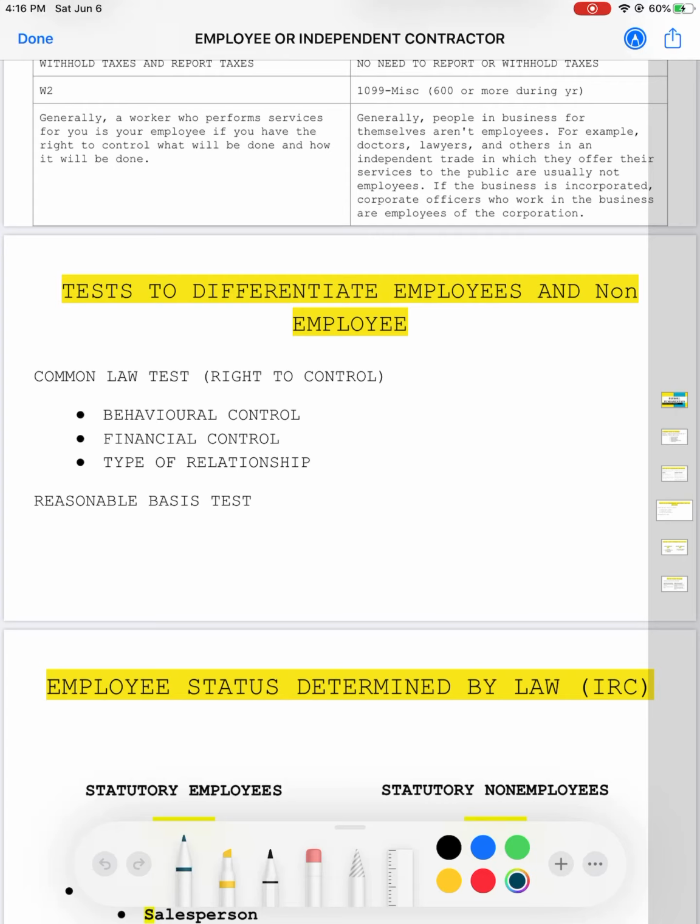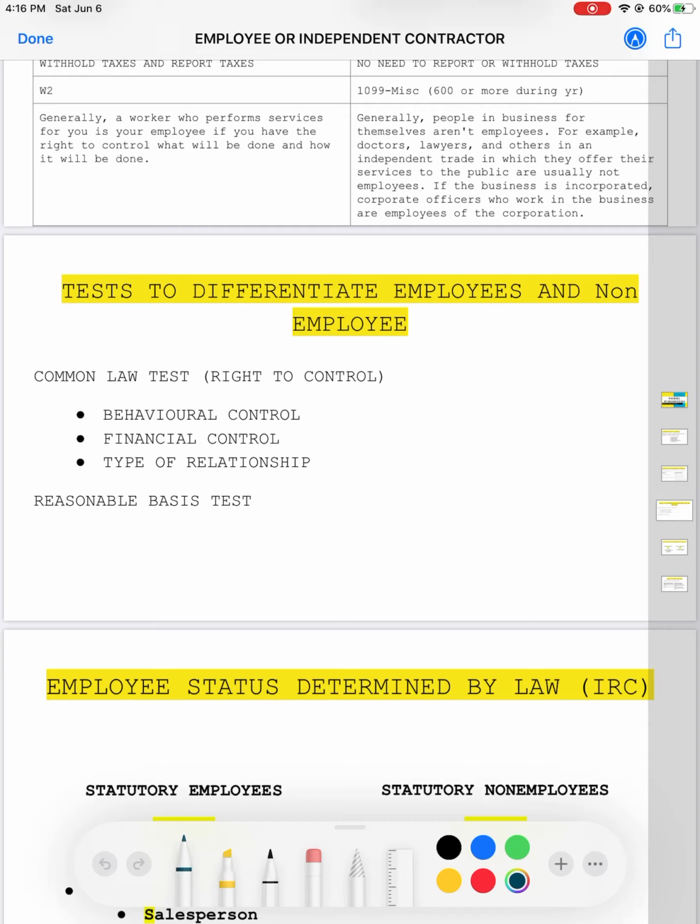You will see if the worker's services are available to the public, if the worker has made a substantial investment in the work, how the worker is paid, and whether the worker realized profit or loss. So with all this financial control, if the worker is totally controlling the way he is doing the work and the way he is providing the services to other people, the public, then it means that the person is an independent contractor.